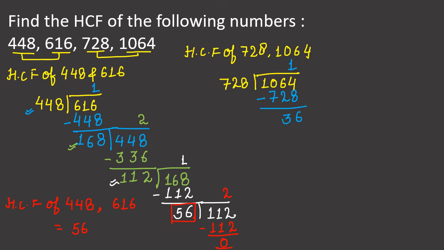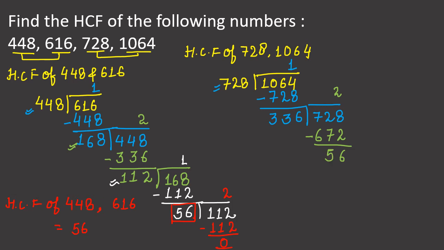Write 728 as dividend. Now 336 twos are 672. Subtract them. It will be 6 and here 5 left. So 56 is left here. It will be the next divisor and write 336 as dividend.